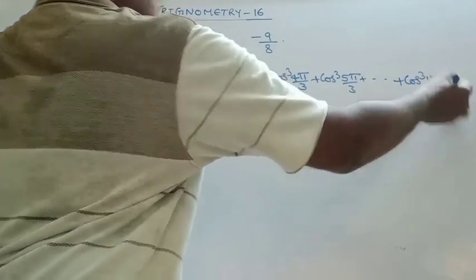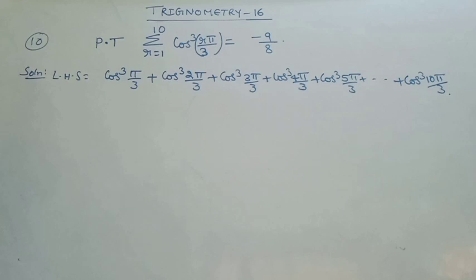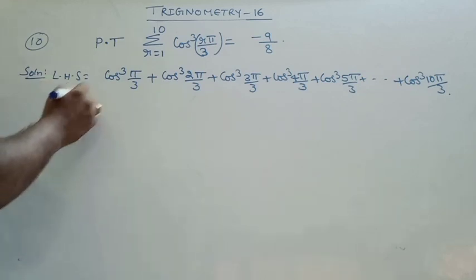Okay, because r is 1 up to 10. Actually cos cube pi by 3 means what?